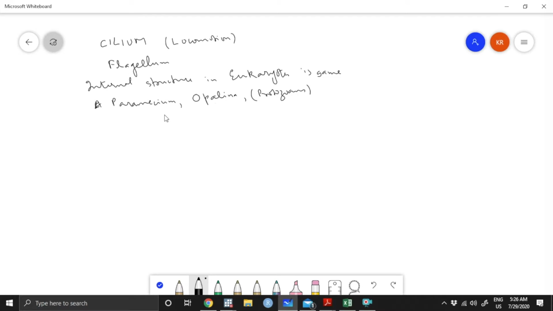We also get this lining the bronchi in lungs. So even mammals have the same structure. So see how the structure of cilium is the same, whether it is a human being or a protozoan.